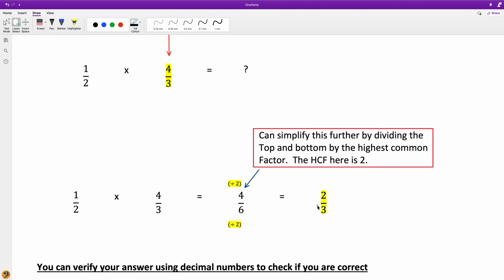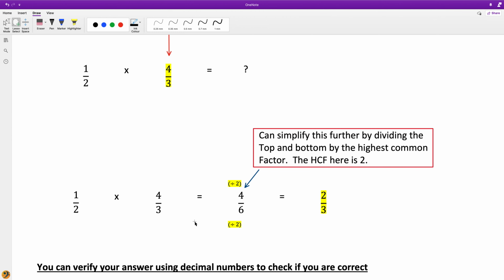So once we have converted this division into a multiplication, we got our initial answer, and then we simplified it by dividing the top and bottom by 2, and our final answer is 2/3. These are all the steps to show all working out.